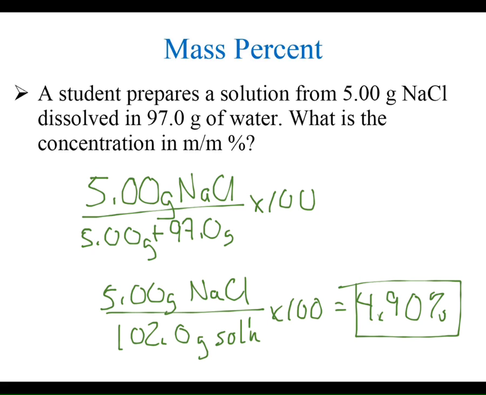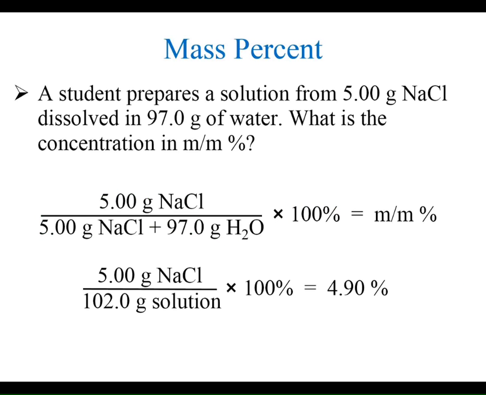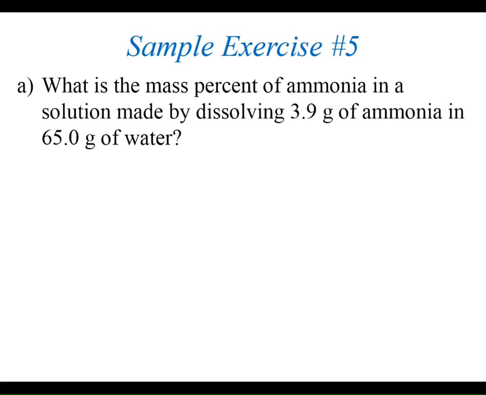Okay. Yay. Your turn. Take 3.9 grams of ammonia, dissolve it in 65.0 grams of water. What's the mass percent of the ammonia?